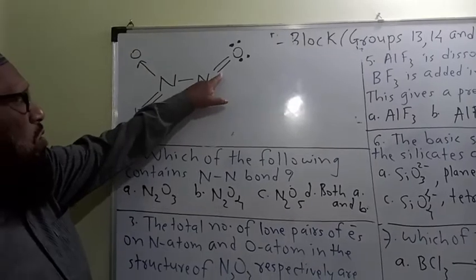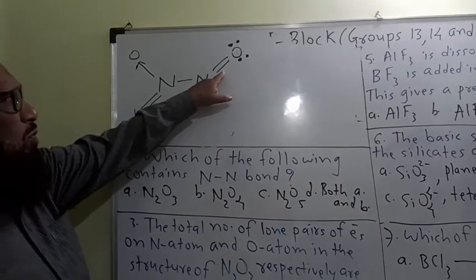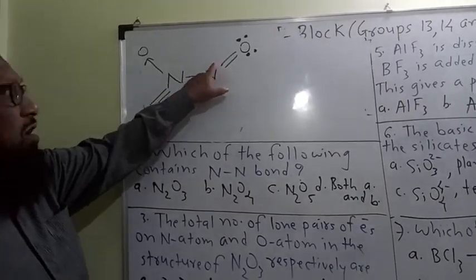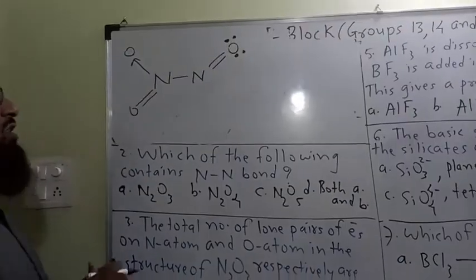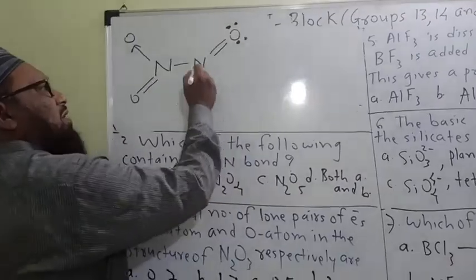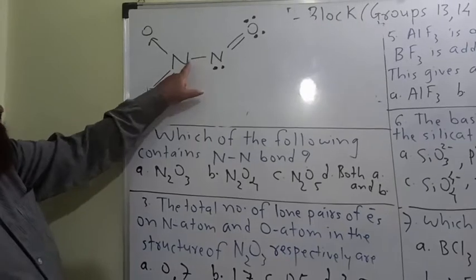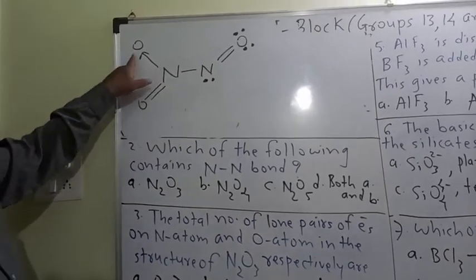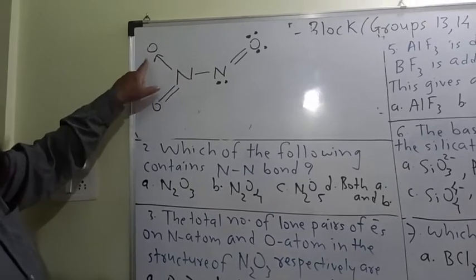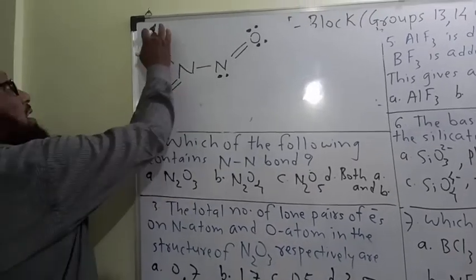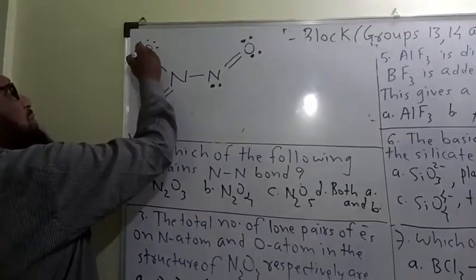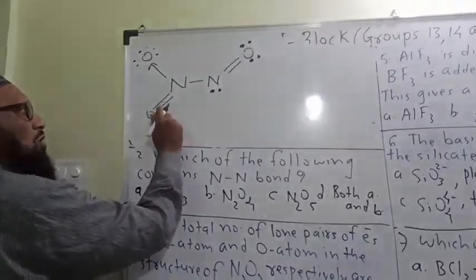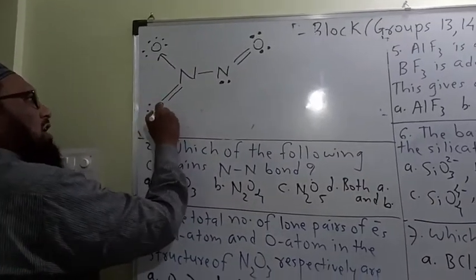Nitrogen 2, 4 electrons, bond is made up of 2 electrons, 2 plus 2, 4. This is 2 electrons, 6, 2 remaining. This nitrogen 2, 4, 6, 8, octet is completed. Oxygen, this is the coordinate one. Here 2 electrons, 6 are remaining, therefore 3 lone pairs must be present. Here 2, 4 electrons, 2 lone pairs are remaining.